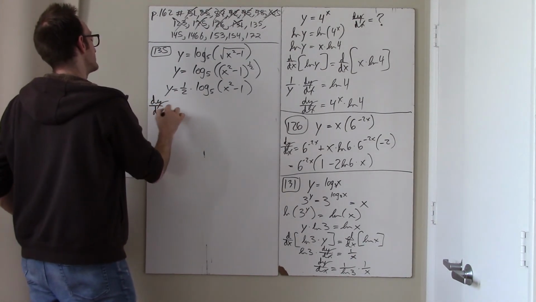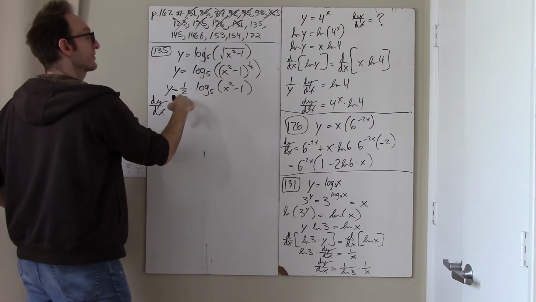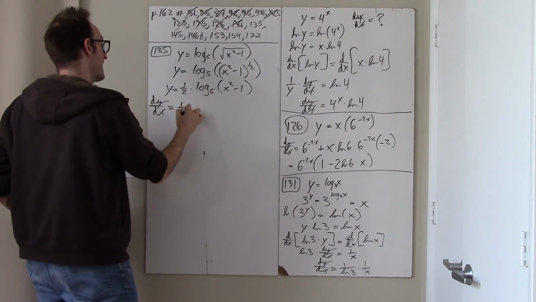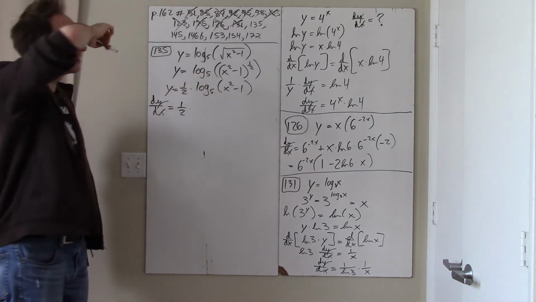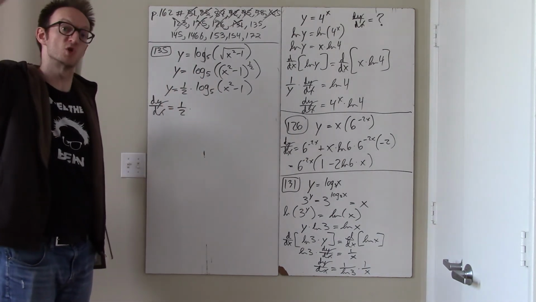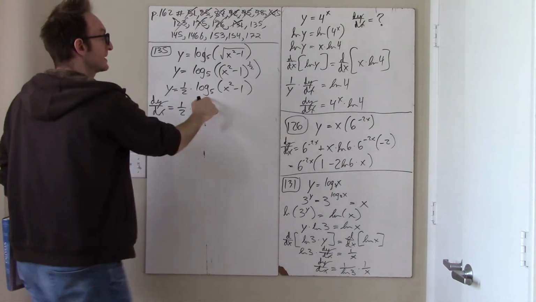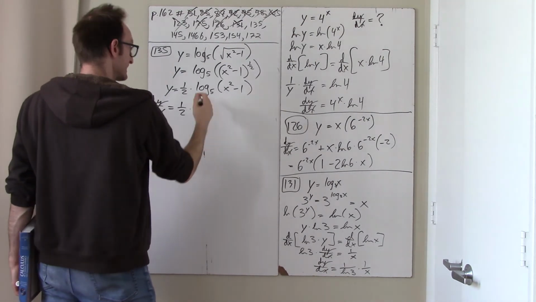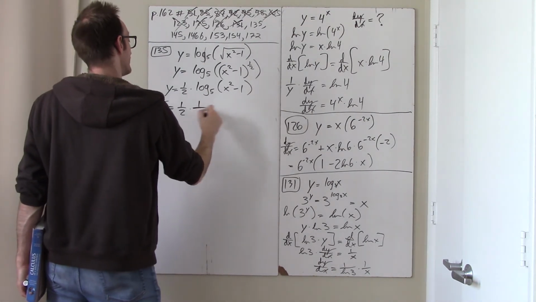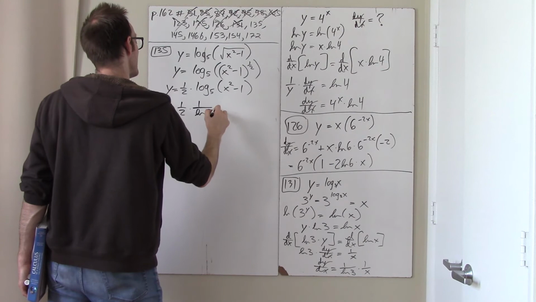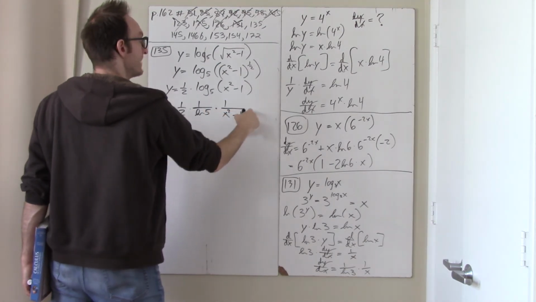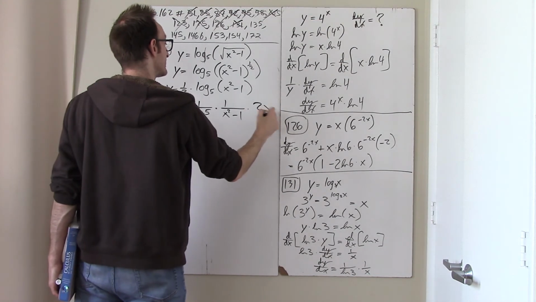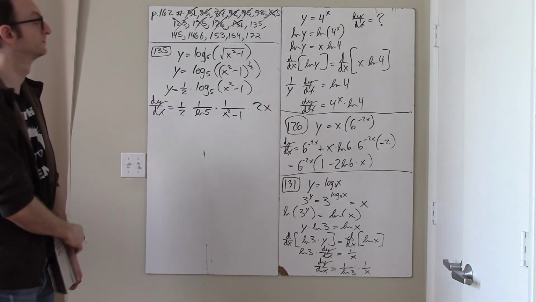Being very careful here, first of all, the derivative of 1/2 times something is just 1/2. And the derivative of log base 5 of x squared minus 1: well, I know that the derivative of log base 5 of something is 1 over ln 5 times 1 over something, times the derivative of the something, which is 2x.